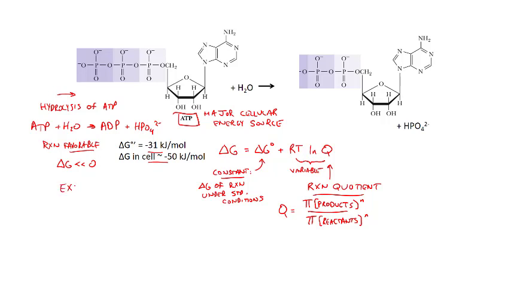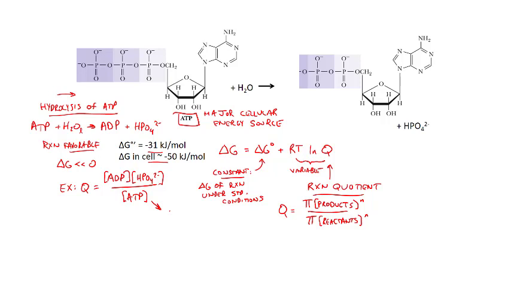So for example, the reaction quotient Q for the hydrolysis of ATP would be the product of all product concentrations, so ADP concentration times phosphate concentration divided by the concentration of ATP. And remember, we're leaving out water here because water is a liquid and pure liquids don't factor into reaction quotients.